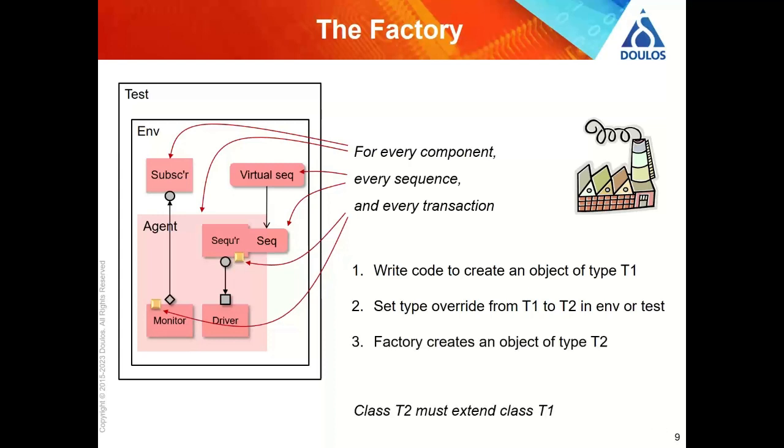So what happens next is that when you run your UVM simulation, rather than creating objects of type T1, objects of type T2 are created for that sequence. So it gives you a way of being able to effectively program what your UVM environment is going to do without making any changes to the source code in that UVM environment. Okay, so that's reusability.